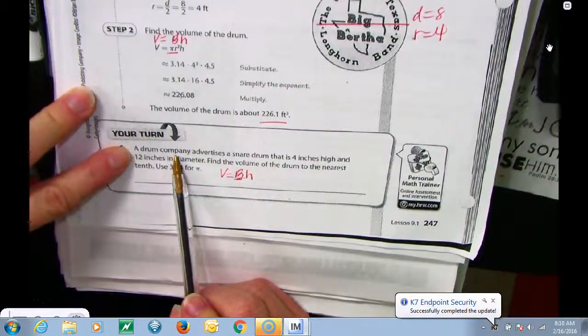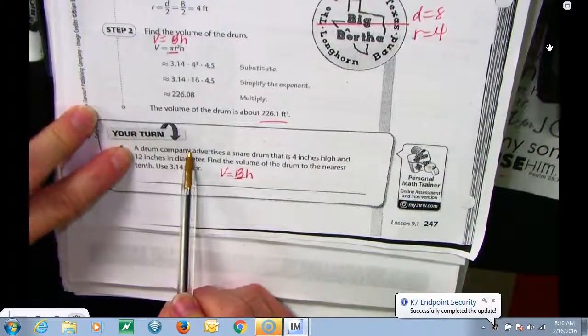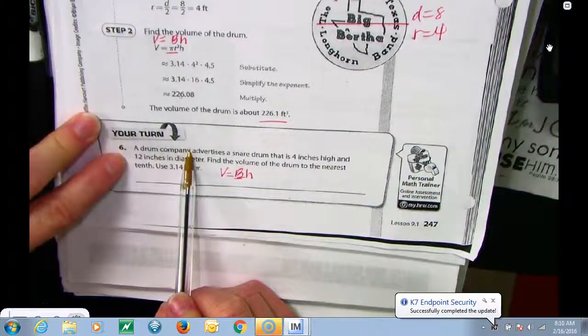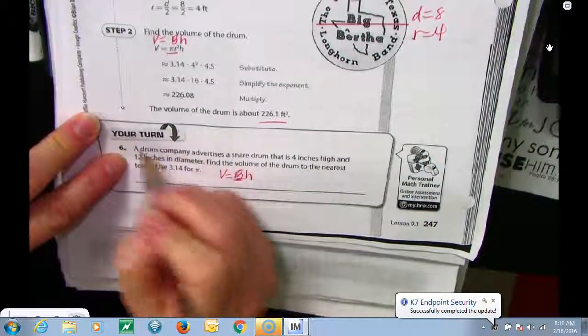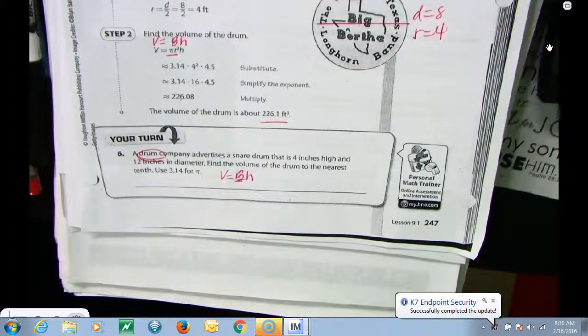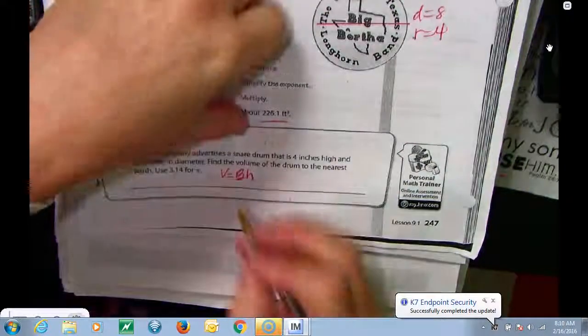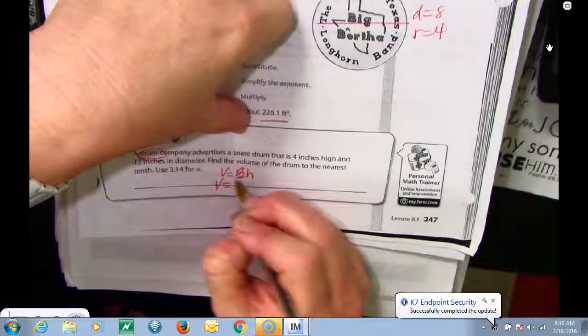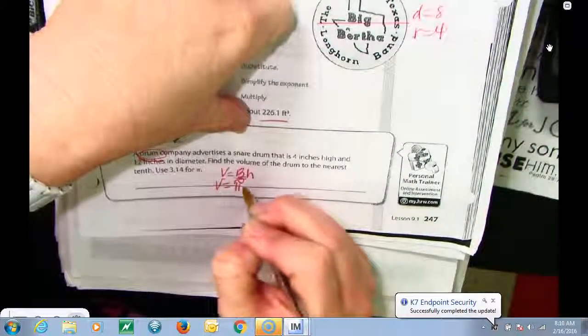You got to know. Okay, we got a drum. A drum is a cylinder. So you have to kind of use your previous knowledge. Oh, a drum is a cylinder. Okay, so we want the volume. So under the capital B, pi r squared times height.